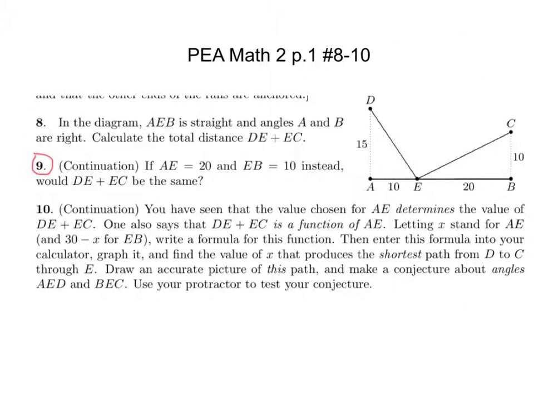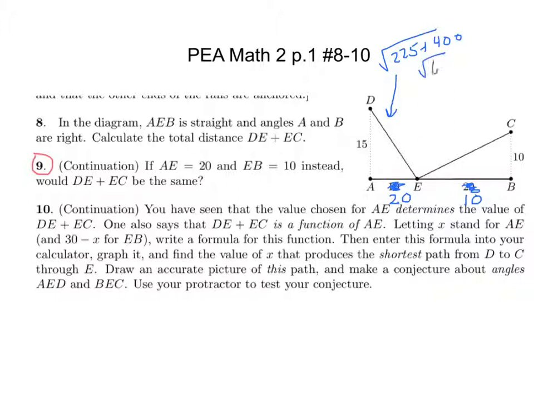Okay, now it says, let's say AE was 20. This is similar to that telephone pole problem we did. And EB now is 10. Our heights on the sides are the same. So now we get square root, let's see, 15 squared is 225. 20 squared is 400.